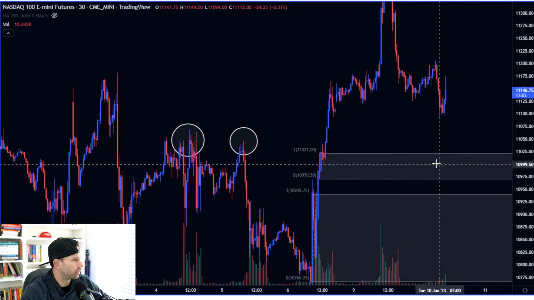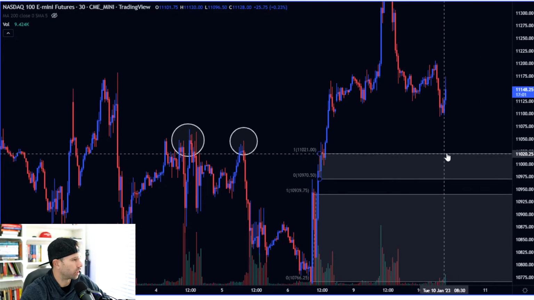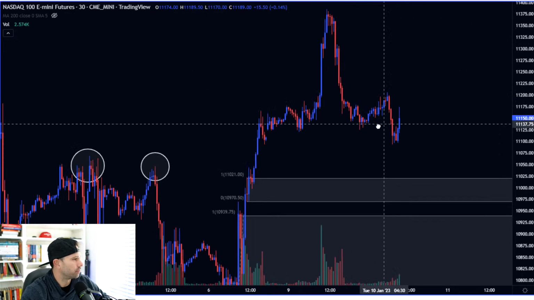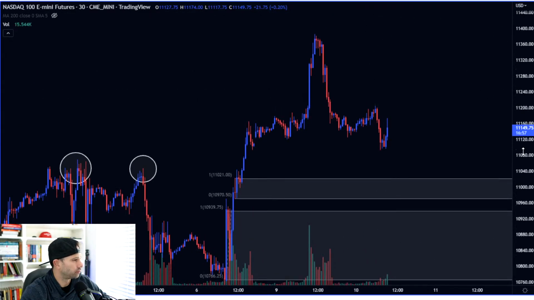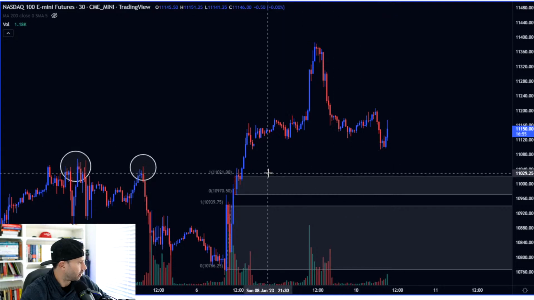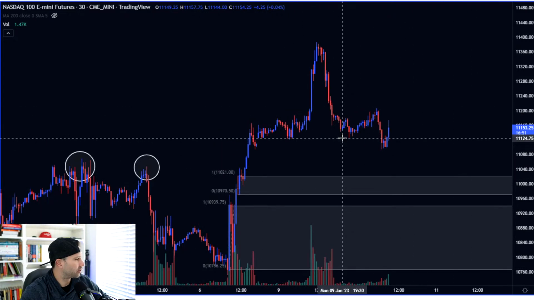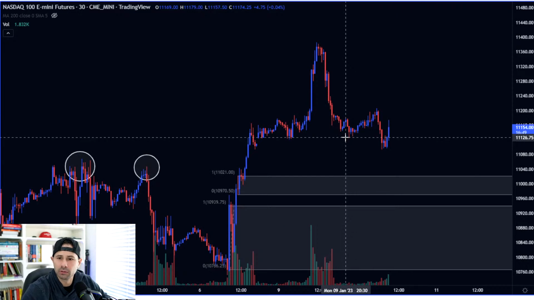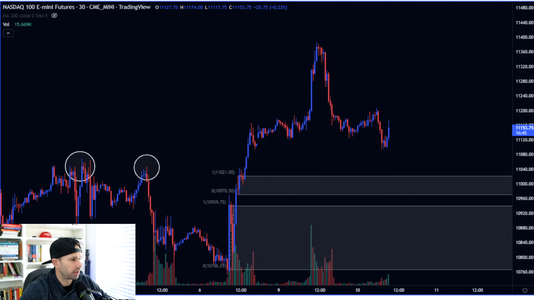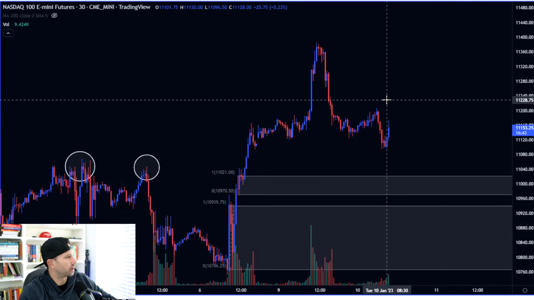So I wouldn't be surprised if we get to this level today, and then we bounce off of this level. So my bias today for now is neutral, bullish, and based on that, I will prepare on the Nasdaq.